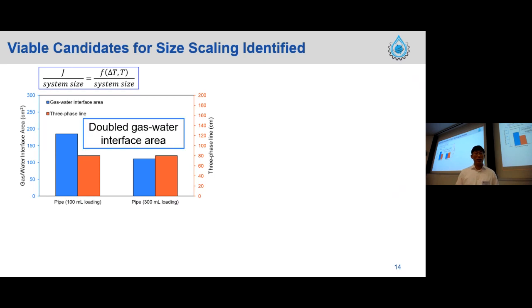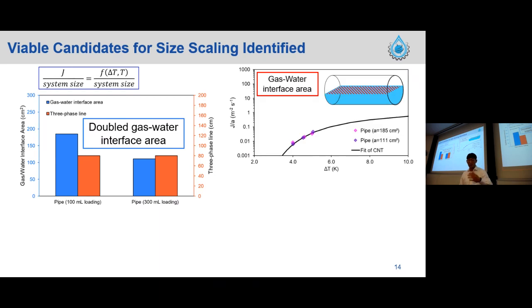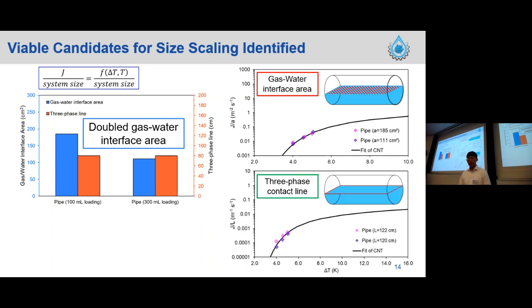So in this case, the gas-water interface area is only doubled, but the three-phase contact line is really the same. Same strategy: we scale with the gas-water interface area first, and we see the nucleation rate points from different loadings overlapping very well. But if we scale with the three-phase contact line, they are not as good as the gas-water interface area.